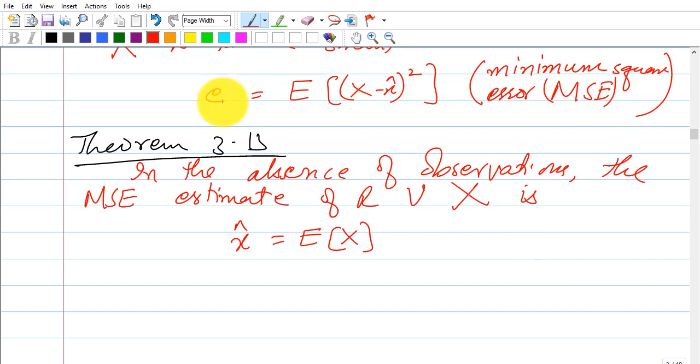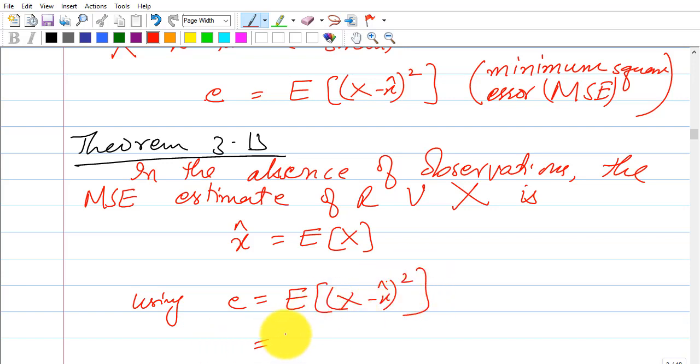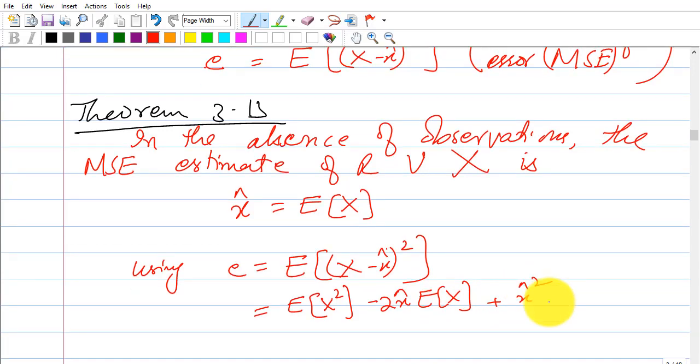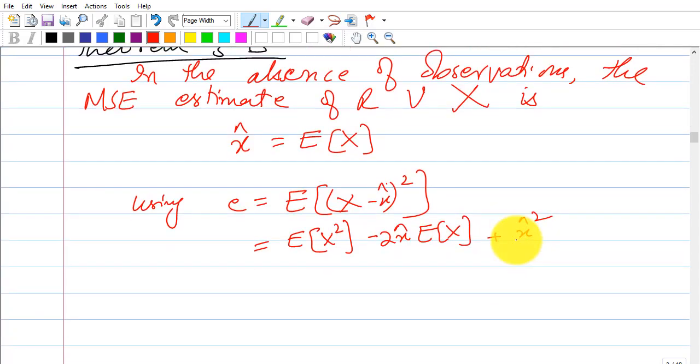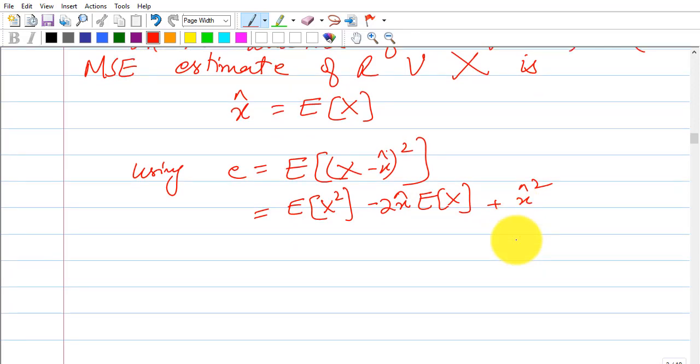Using E is equal to expected value of x minus x hat whole square, if we open the square bracket and apply the linear property of expected value, we get expected value of x square minus 2 x hat expected value of x plus x hat square, because x hat is a constant, and the expected value of a constant is the constant itself.